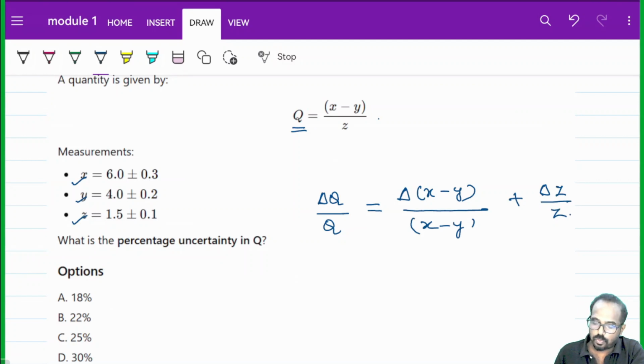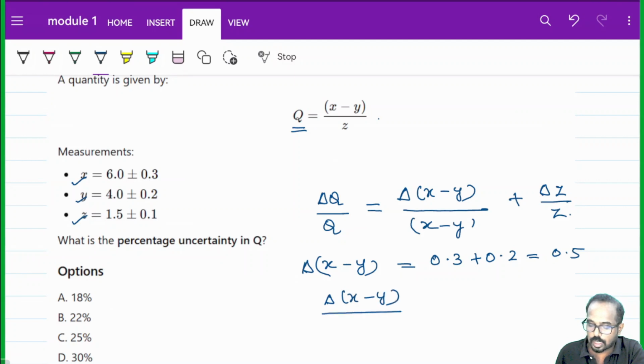First we will check the fractional uncertainty in x minus y. x has absolute uncertainty 0.3 and y has absolute uncertainty 0.2. This operation is minus, so you need to add both uncertainties: 0.3 plus 0.2, which is equal to 0.5.